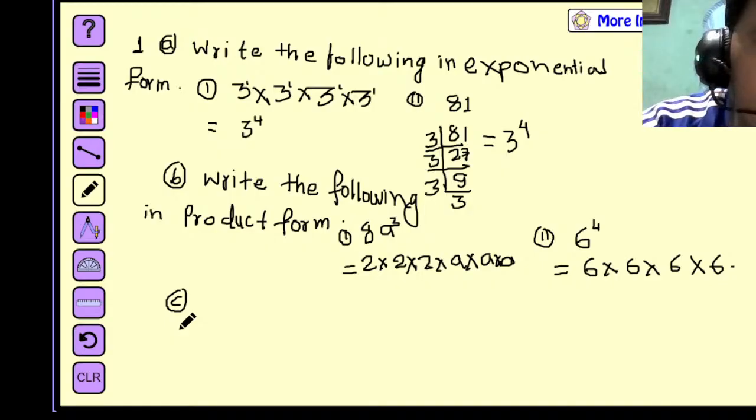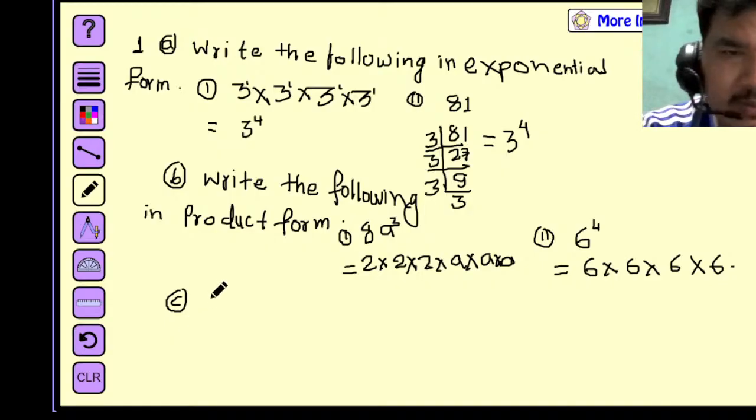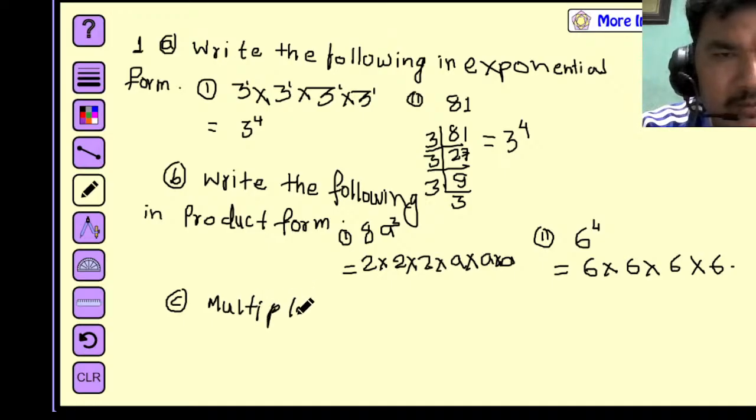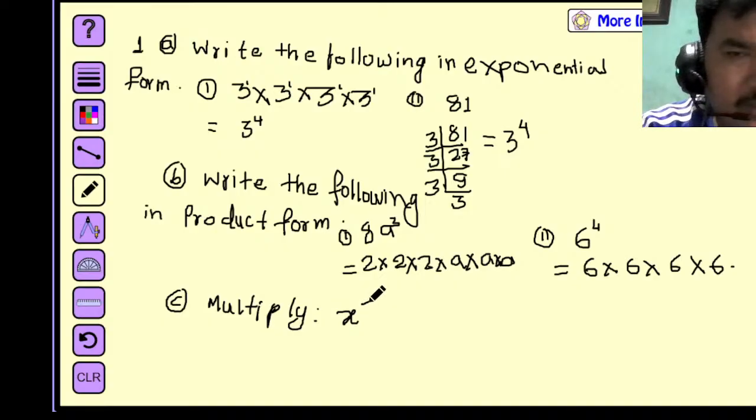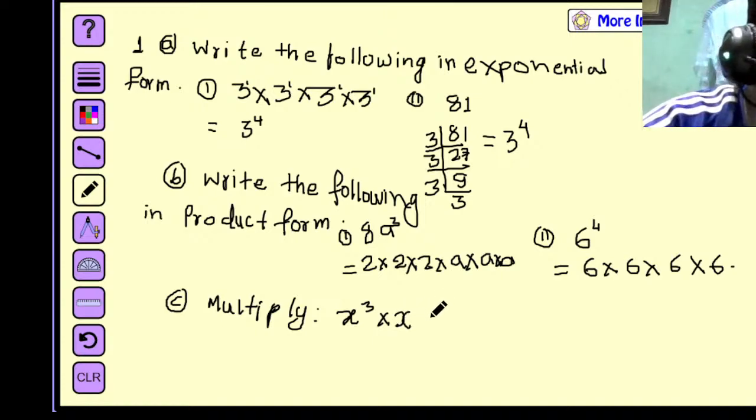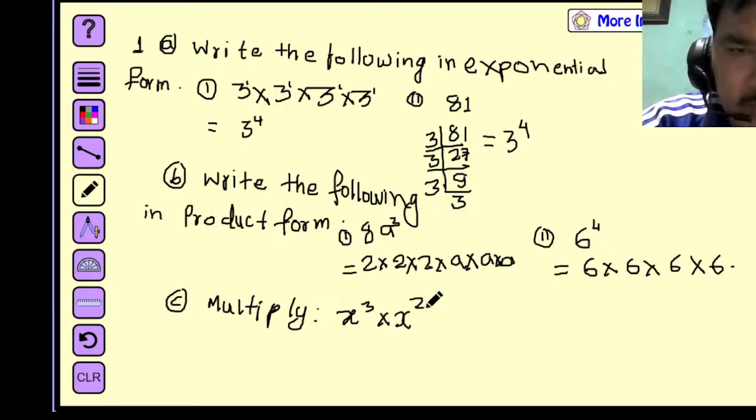Suppose x to the power 3 multiplied by x to the power 2 is given.